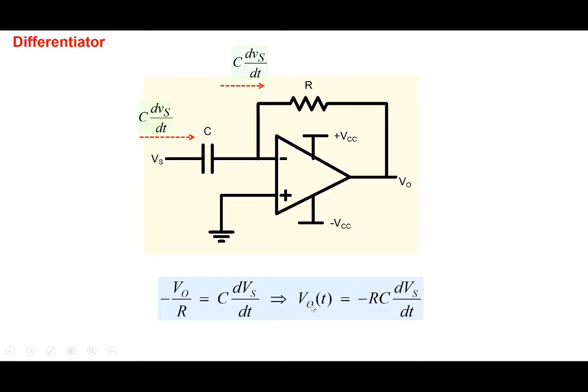Rearranging, V0(t) equals minus RC dVs by dt. So we get a differential of the input signal multiplied by the constant RC, and since we are applying the signal to the inverting terminal, we get a minus sign. The inverting terminal will always give us a minus sign. So we can build differentiators also.